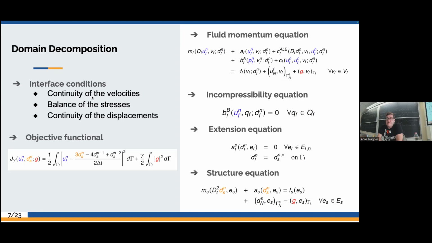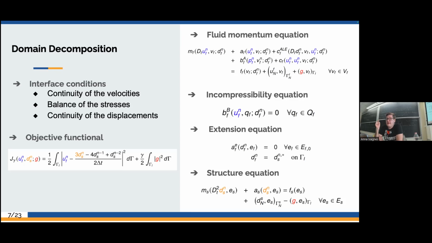So in our setting, there are actually two choices in this step, but one is to minimize the difference between the velocities of the fluid velocity and the structure displacement, which enters here, and then we have the other one as a control variable, which enters the fluid momentum equation and the structure equation, which is basically our normal stress on the interface.